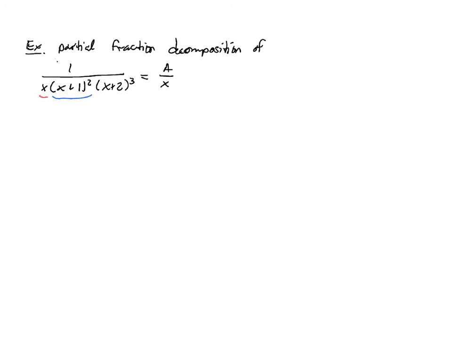Next we have this factor of x plus 1 squared, and that's going to contribute two terms. I'll have b over x plus 1 plus c over x plus 1 squared. And then this third term that I have here is going to contribute three terms because I have a power of 3. I'll have d over x plus 2, and then another term for x plus 2 squared and another term for x plus 2 cubed.